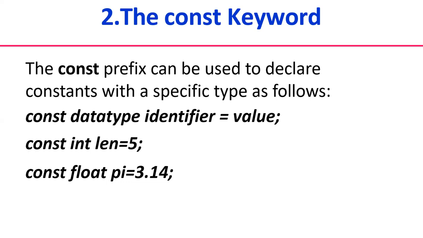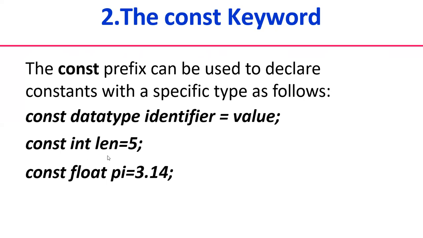The second way in which we can define a constant is to use a prefix, that is the const keyword. The syntax to define it is const, then the data type, then the identifier, and then the value which the identifier takes. That is not going to change throughout the execution of the program.